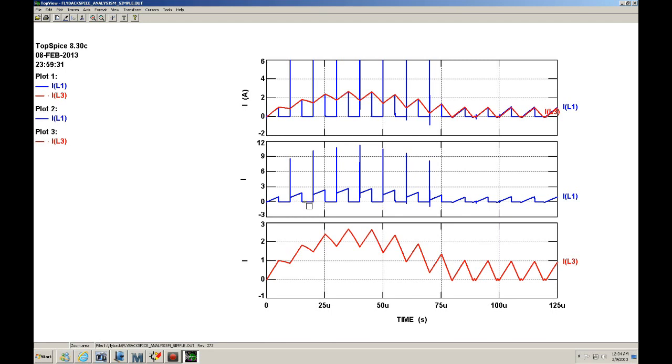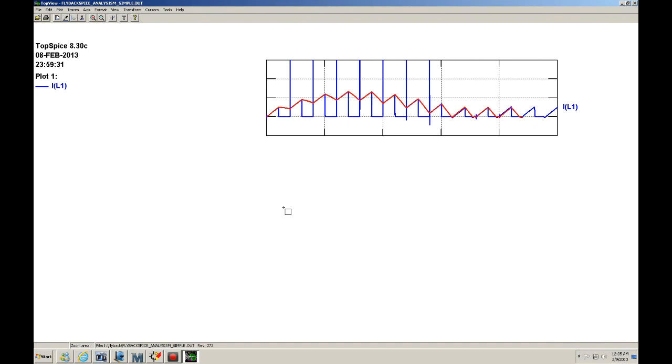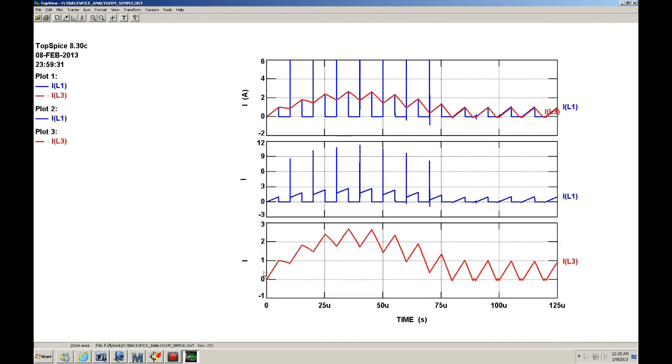If you look at the red, that is the transformer model. In other words, this current is the current going through this inductor that I added to the ideal transformer. So what it's telling me here is that at startup, during the upward slope, the inductor is being charged.